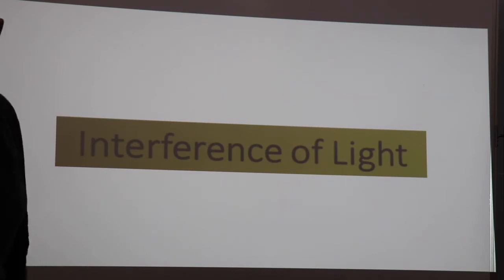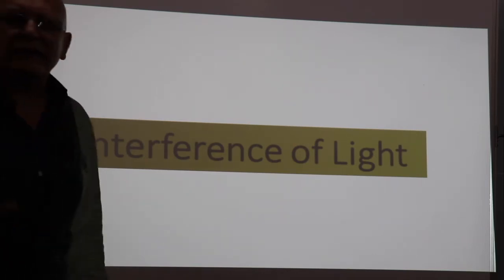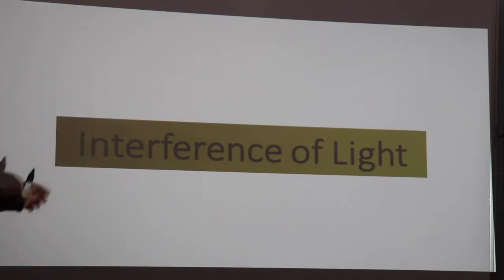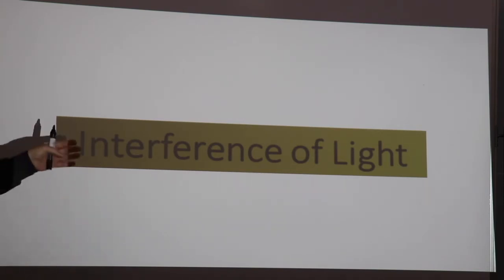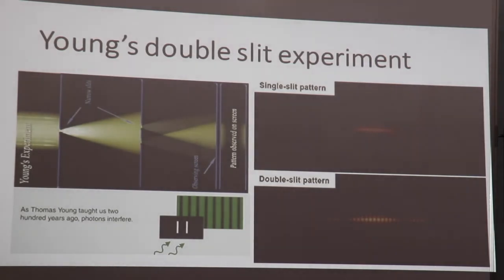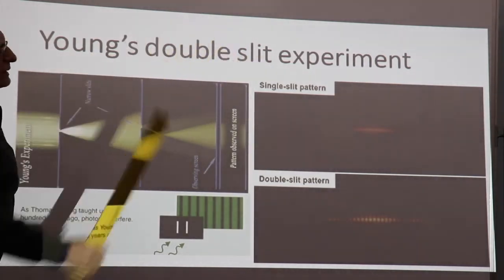Every time I make an experimental study and then a theoretical study. So let's see the experimental study of interference of light, which is called Young's double slit experiment.